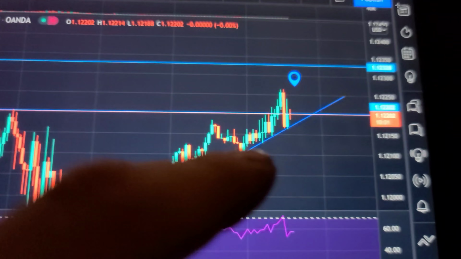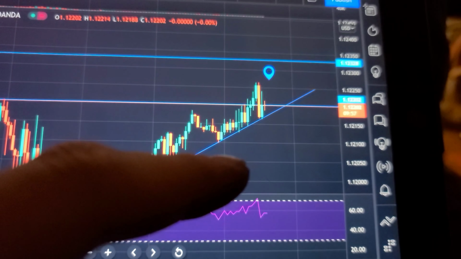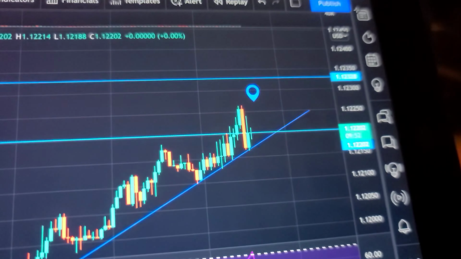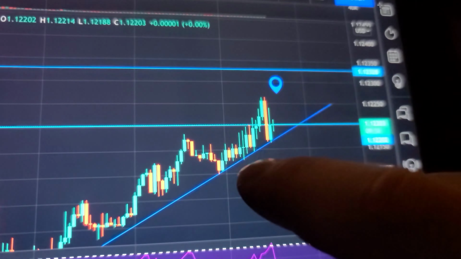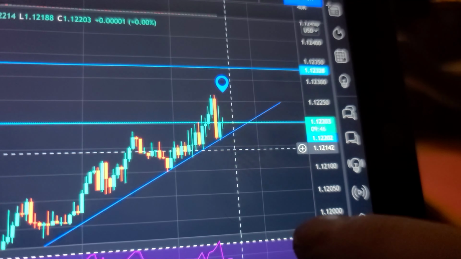My original stop loss, so stop loss means if it goes the opposite way, it boots you out at whatever you set it to. I believe I had it around there.